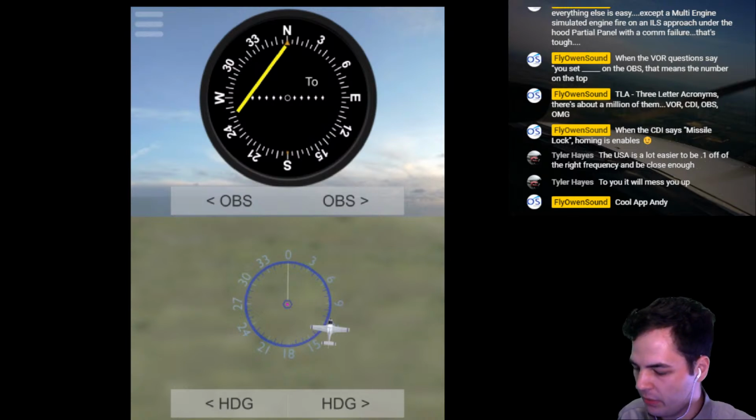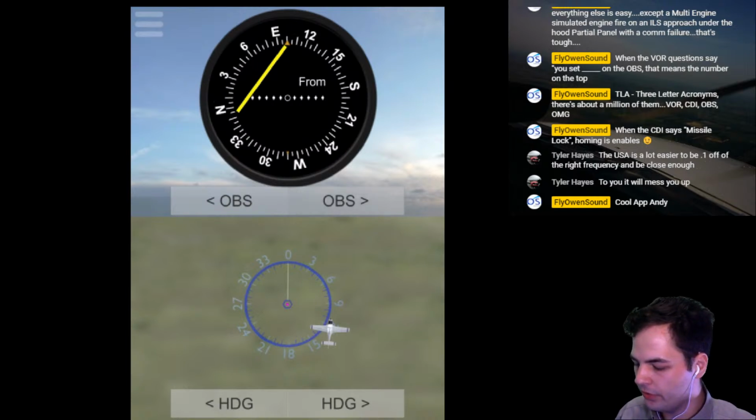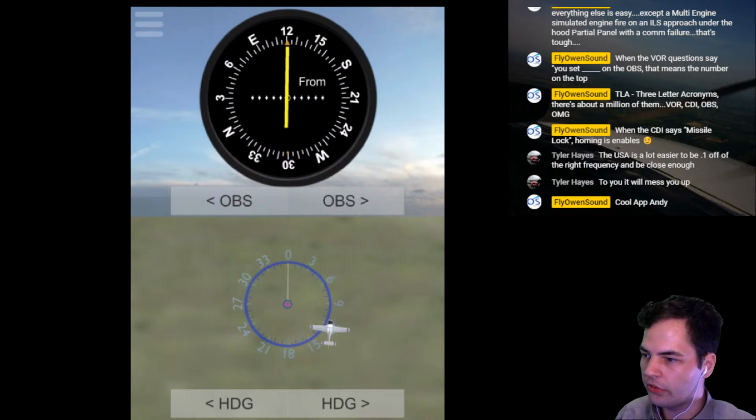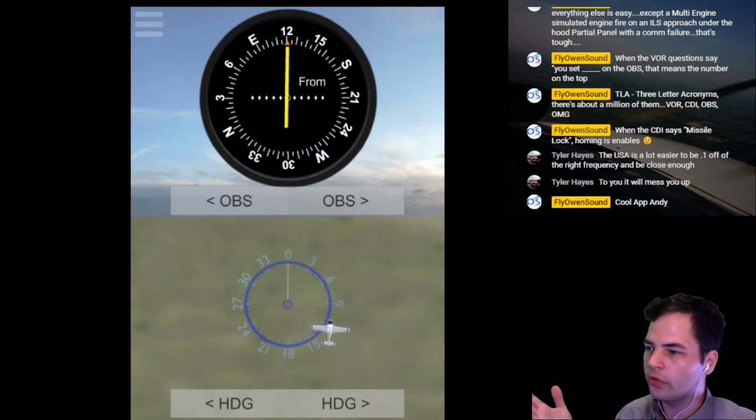So the next step is to just start turning the knob. As I turn it, at some point the needle is going to center. Now, how I've centered it there, it says from, and in this case it has the words to or from.